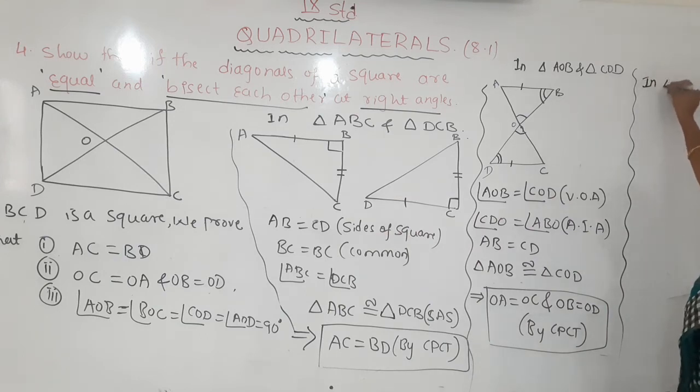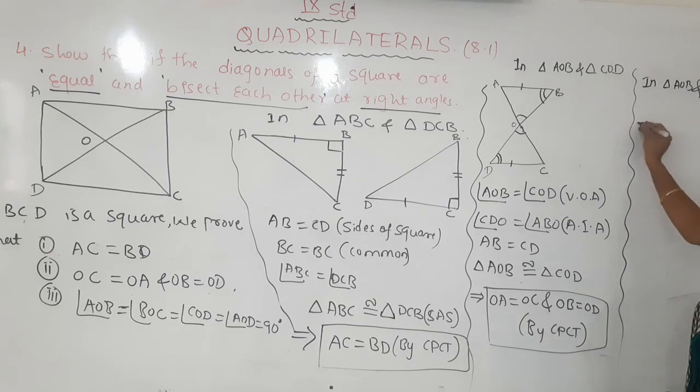In triangle AOB and triangle COB. Better if I draw those two triangles. This is AOB and it is BOC.